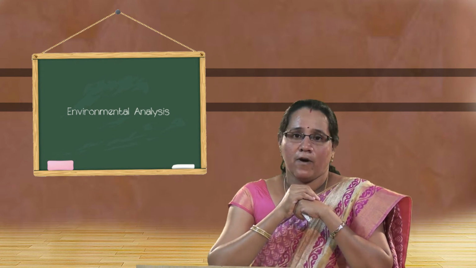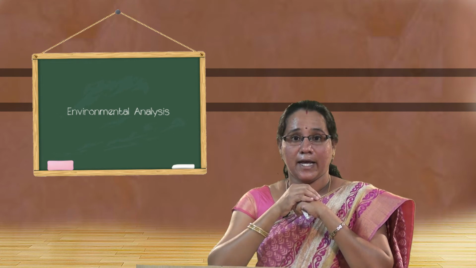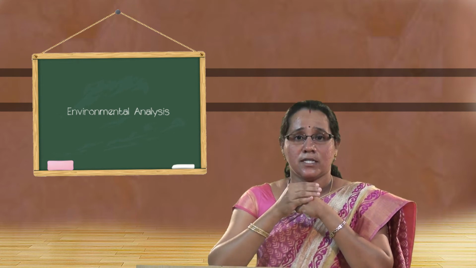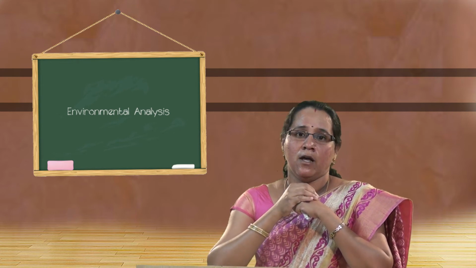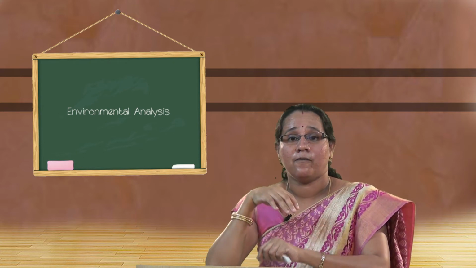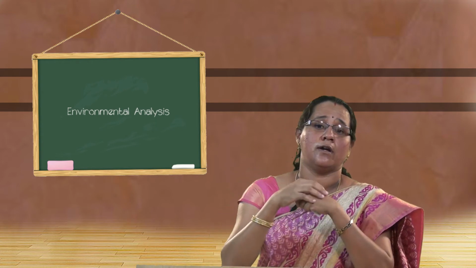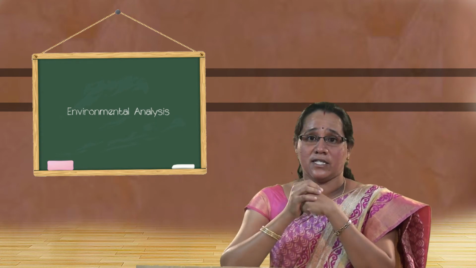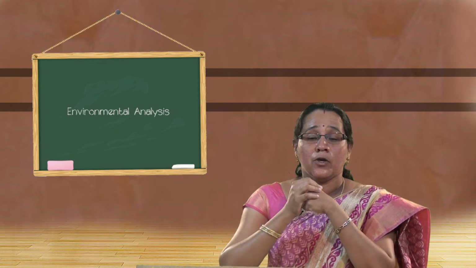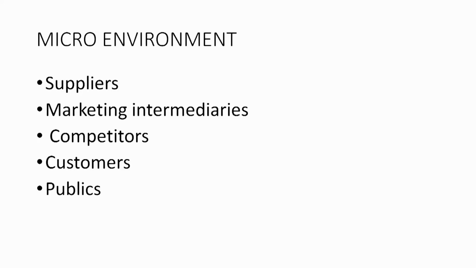As the name specifies, micro environmental factors means those which are small and which we can at least manage to an extent. And macro environmental factors are those which cannot be easily managed. So you cannot easily predict that this change is going to take place and make changes according to those needs. So what all comes under micro environment?